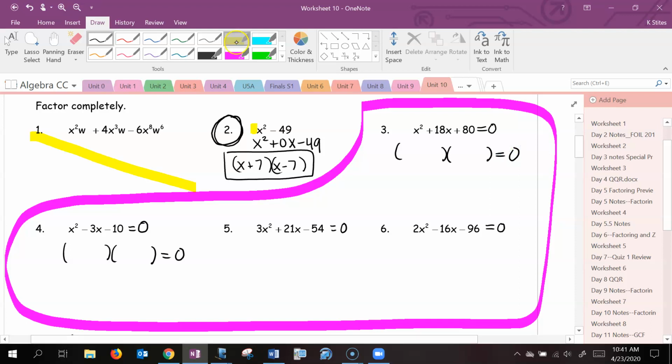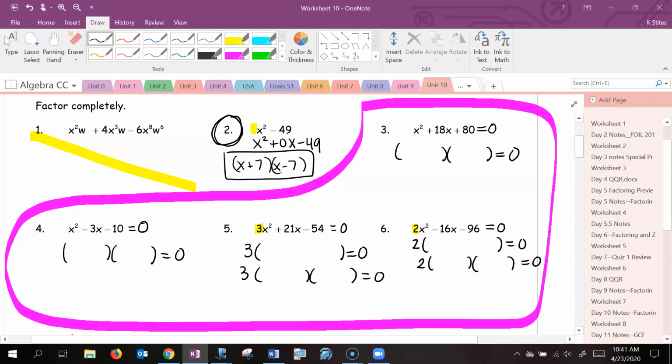Okay. However, here, 5 and 6, we have a GCF in front. So you are going to need to do the 2 steps before you solve. Okay, notice I'm helping you set this up here. So when you have a GCF, 2 steps before you solve.